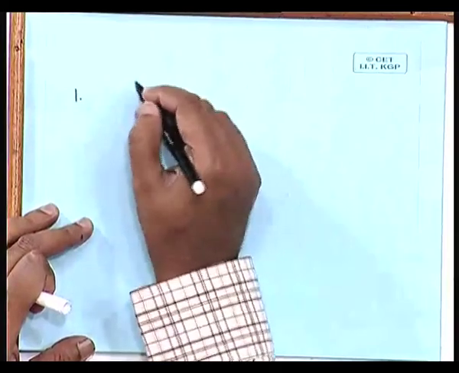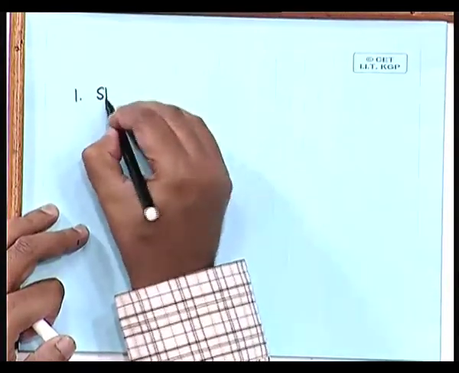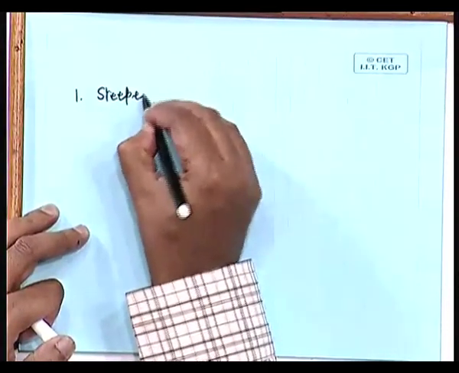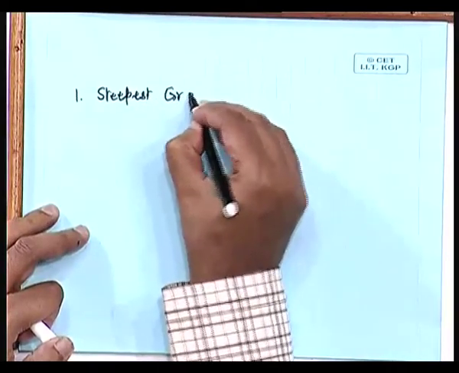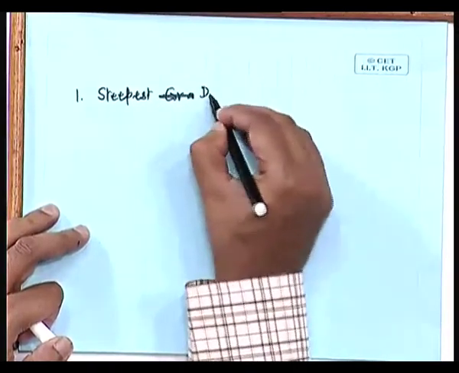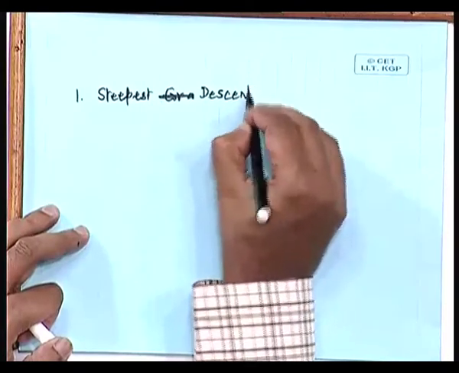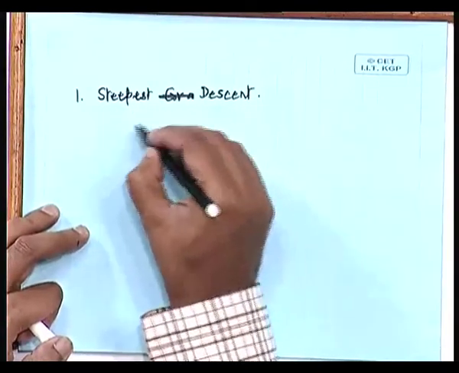What are the standard techniques? Let us go one by one. The first approach that we already described in one of the previous lectures is the steepest descent. This time I can go a little fast because the basic theory is already known to you.